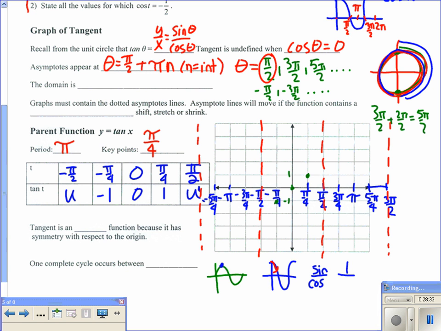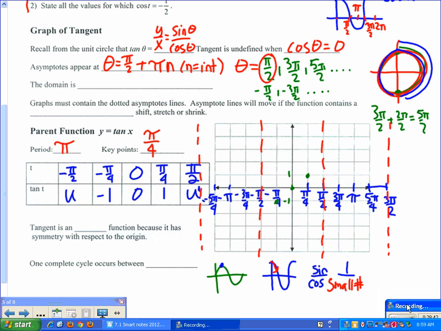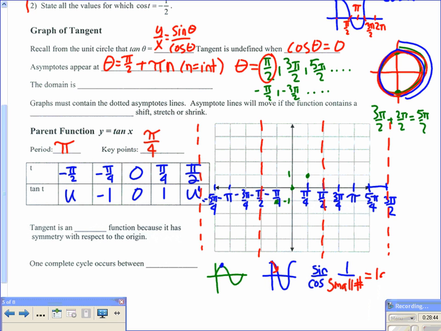They're coming closer and closer to 0 from the positive direction, so we have 1 over a small number. And remember, we've talked about before, when you have 1 over a small number, it's a very large number. And so that means my graph is going to go from here and shoot up this way.